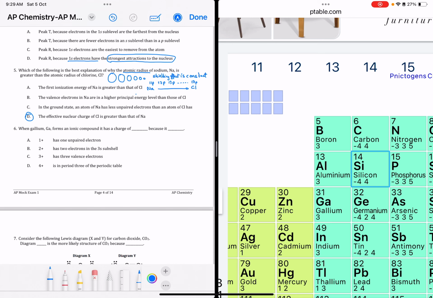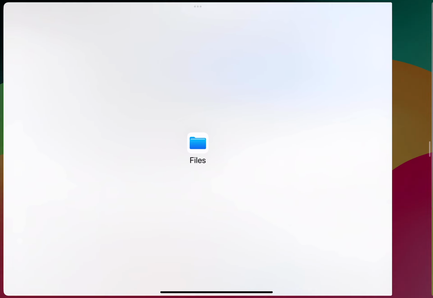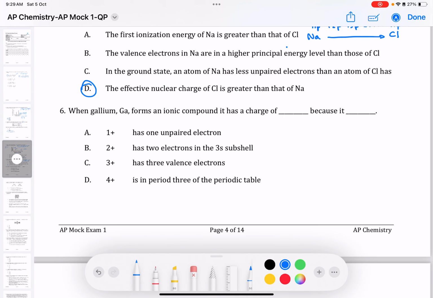Elements of group 13 lose 3 electrons, so they make a charge of 3 plus, simply because they have 3 valence electrons that they will lose. So the best choice is C.